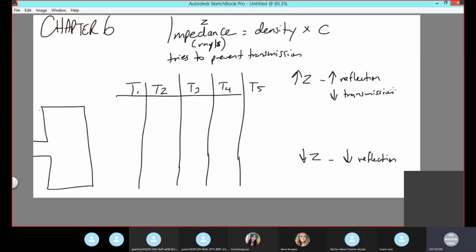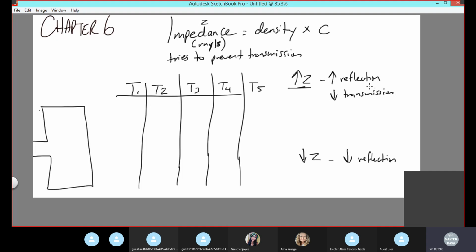Okay? So high impedance, remember that impedance tries to fight transmission. So if you have a lot of it, it's really good at fighting transmission, at preventing transmission. Okay, that is why high impedance gives me low transmission. These are my blackout curtains doing their job.